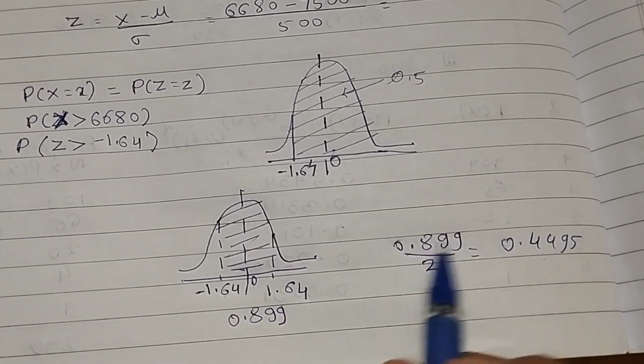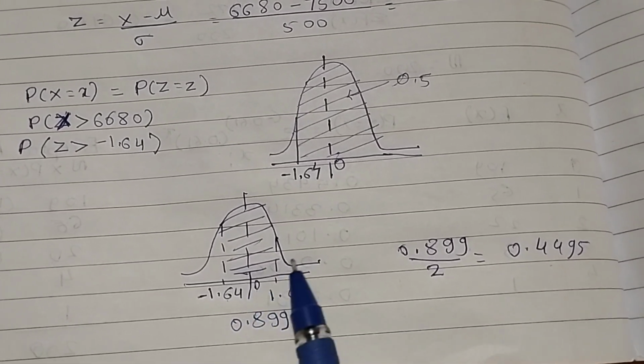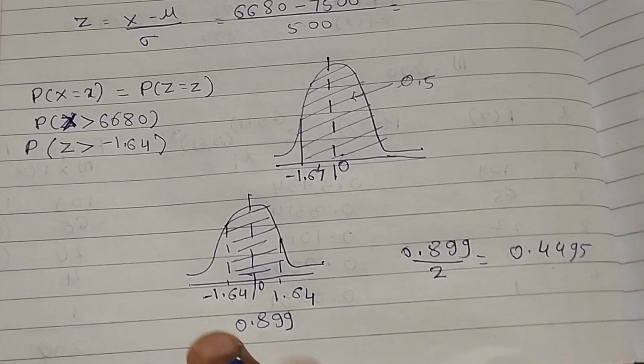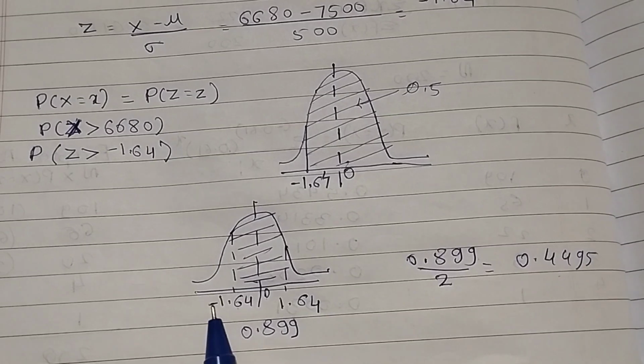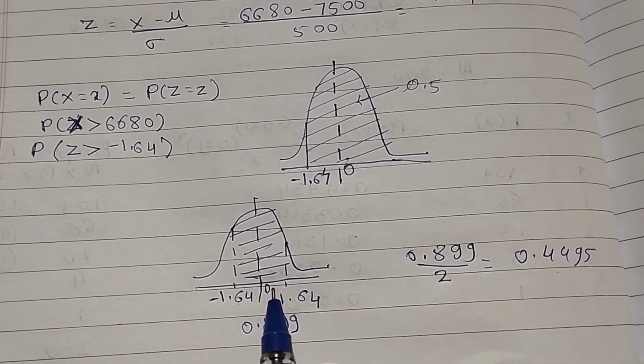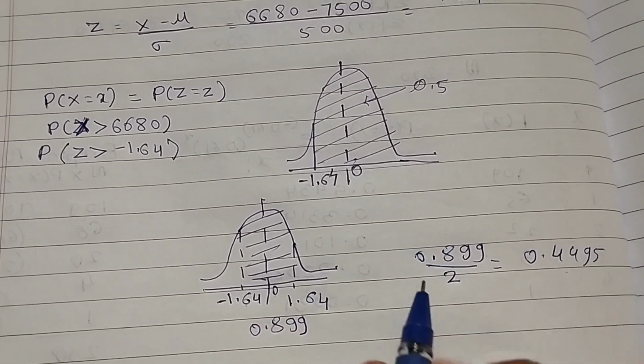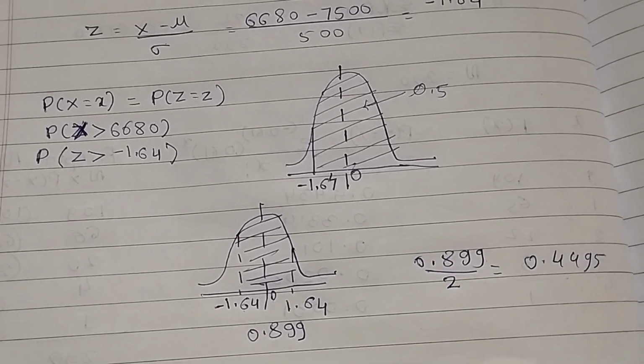So this value is only for minus 1.64 to 0, and when we add 0 to 1.64, meaning 0.4495 plus 0.4495, we get the whole area which is 0.899.